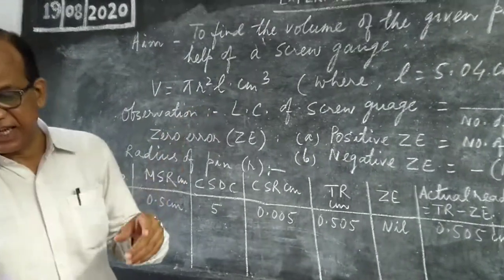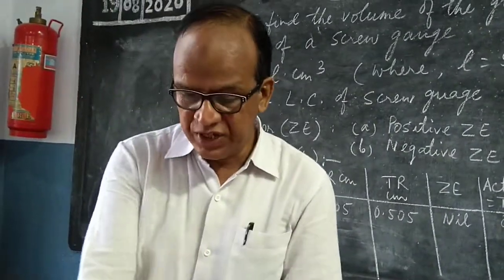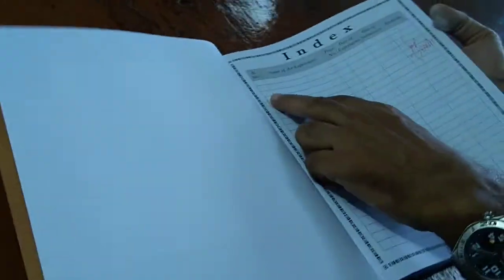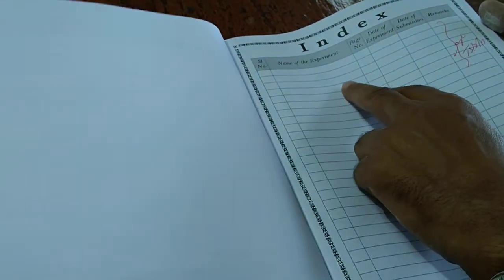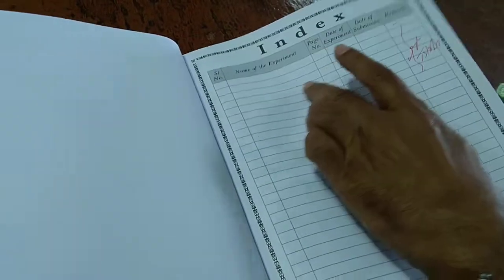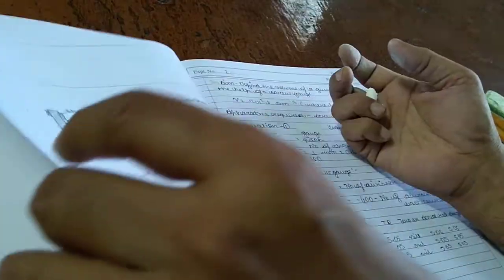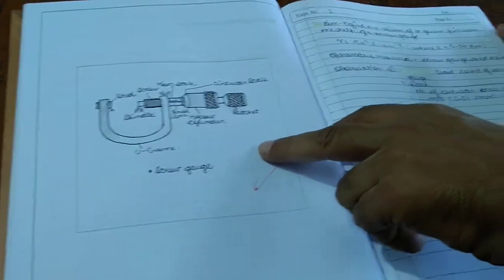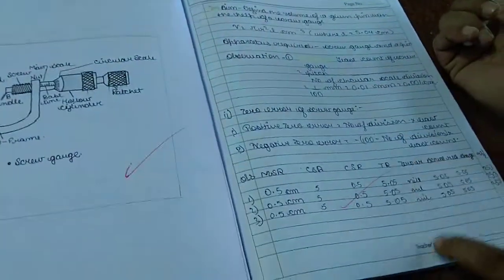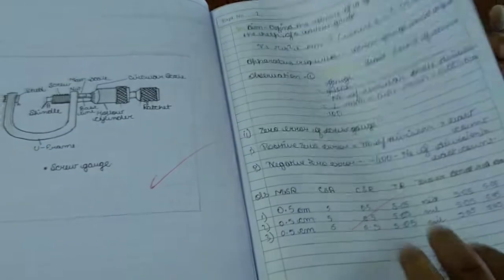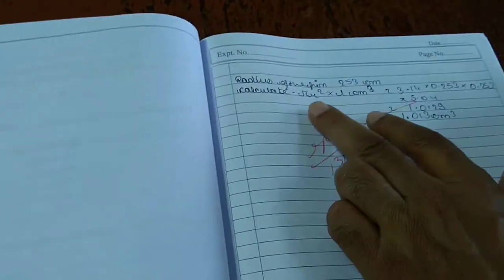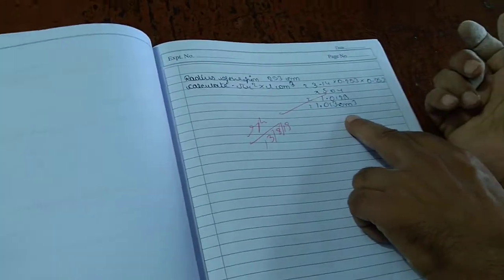Here is what you will write in the copy: first write the index, experiment 2, and the aim, the name of the experiment. On the plain side you will draw this diagram of the screw gauge, and here you will write all this, which I will give you in the assignment, and calculate the volume of the pin by using the readings in the formula.